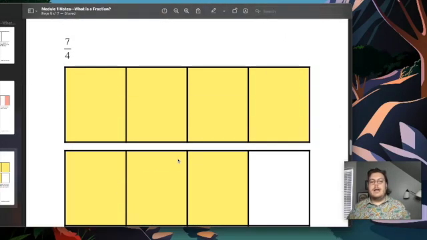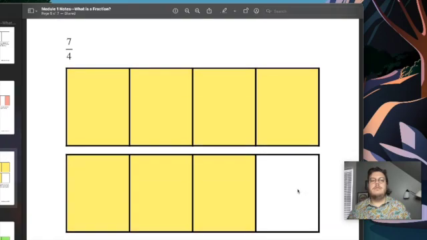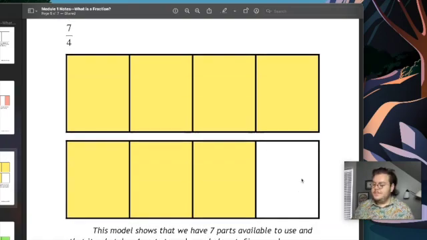Now we have a fraction greater than 1. There is no reason to be frightened by fractions greater than 1. And I should have told you this earlier, but in the past, you may have heard these fractions referred to as improper fractions.